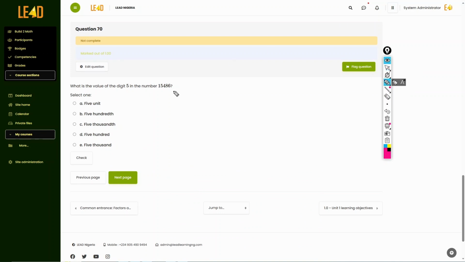Okay, number 70. What's the value of 5 in 15,486? Okay, so place value from the options. We have units, tens, hundreds, 5 is thousands.